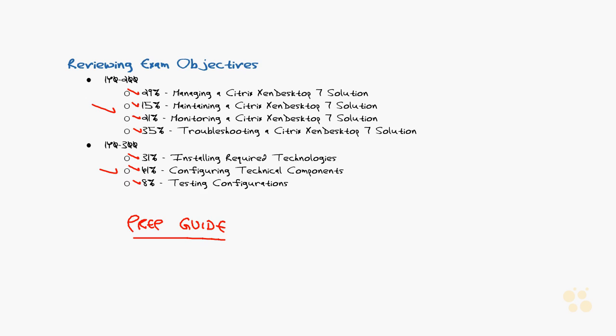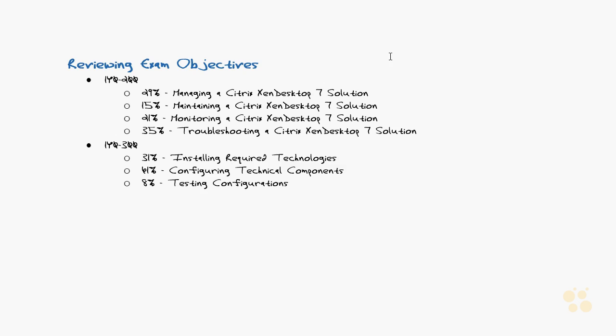Only a very small 8% there on testing configurations. So if you figure there's some 60-odd questions for the 200 and 50-odd questions for the 300, you can take those numbers and multiply them by these percentages to get a feel for what number of questions you'll have that associate with each of these major objectives.